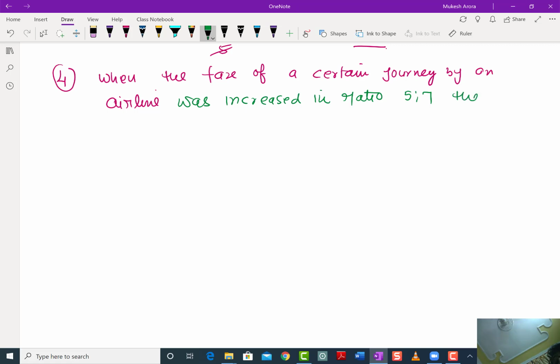The cost of the ticket becomes 7105. Find the increase in fare.